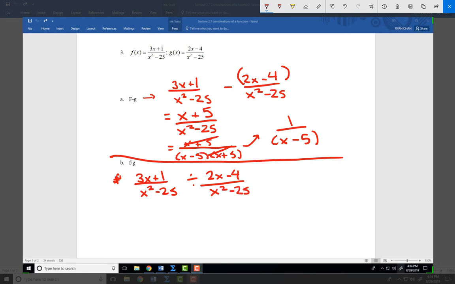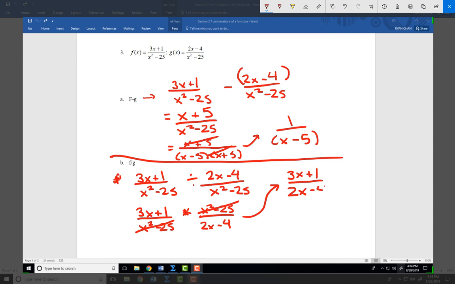Remember, when you divide a fraction, the second one's going to flip. And then this cancels. And this becomes 3x plus 1 over 2x minus 4. And we can't simplify anymore, so that's it.